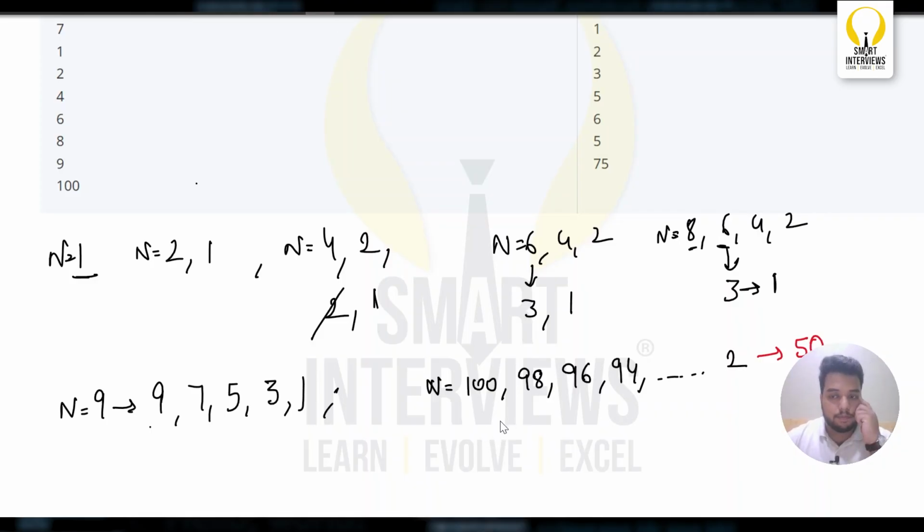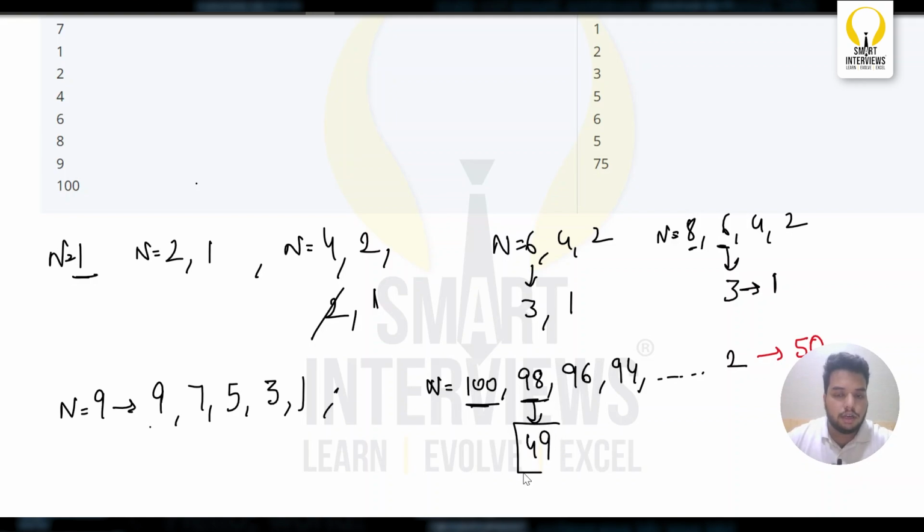And from 100, if I divide, I can go to 50. But 50 will most probably stay here, because it is also even. So I will go to 98. From 98, if I divide, I'm going to get 49.